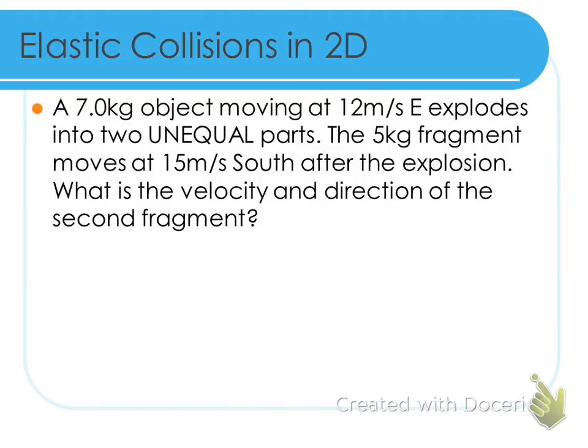It's just like the one we did, except now it's 2 dimensions. The reason we have to solve this in 2 dimensions is because it's east and it's south, right? Just because there's no angle here doesn't mean that it's not a 2-dimensional collision.